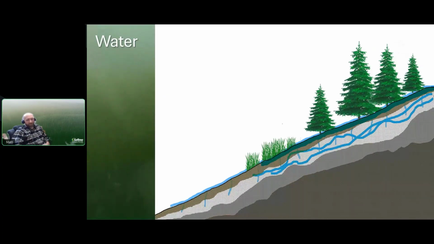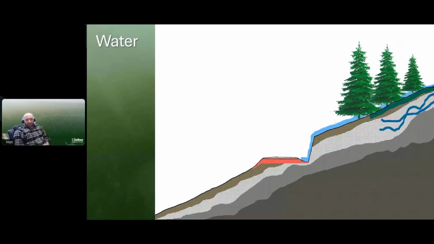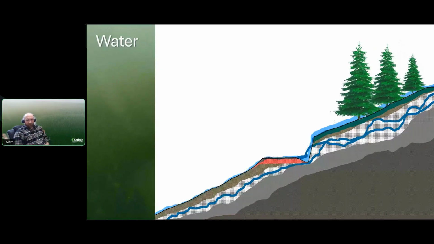But what happens when we cut a road into the bank? A few things. We're going to redirect water. So that's surface flow, all of the flow. It comes down. Typically, we have a ditch on a road. The ditch intercepts that flow.